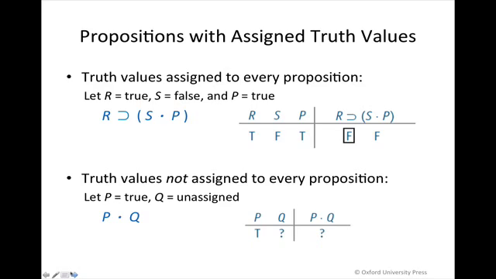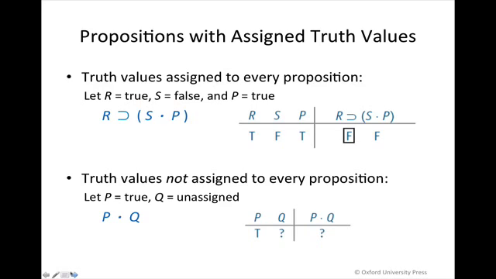And rather than constructing a complete truth table, suppose that you're told that R is true, S is false, and P is true. Your job is then to determine the value of the sentence under these conditions. And as you can see, with horseshoe as the main connective, you first determine the value of S dot P, then you determine the value of R horseshoe S dot P.